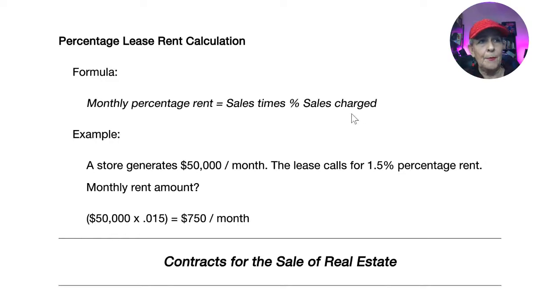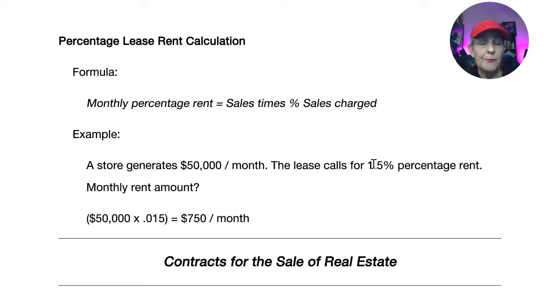So example, a store generates $50,000 per month. That's a pretty good amount. It's a store, right? The lease calls for 1.5% rent. What is the monthly rent? So remember, yesterday we reviewed how to convert percentages to decimals.